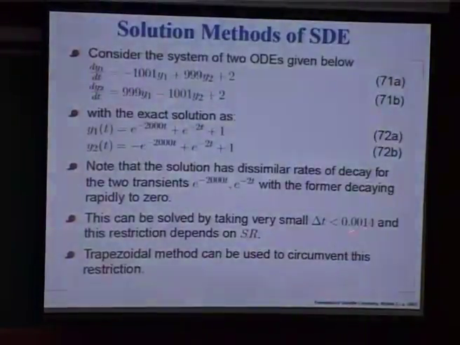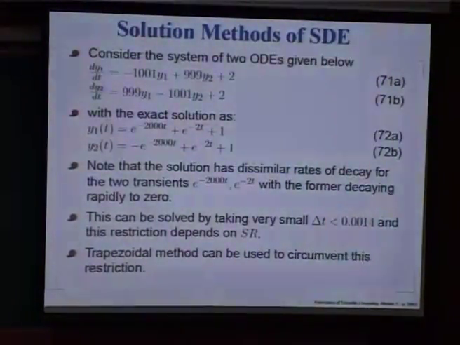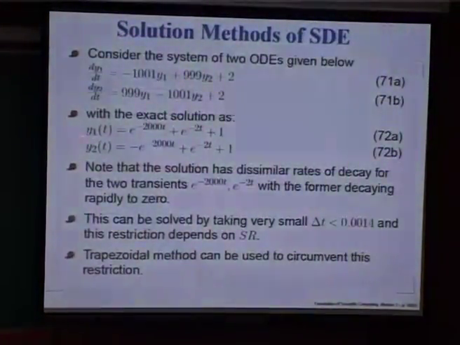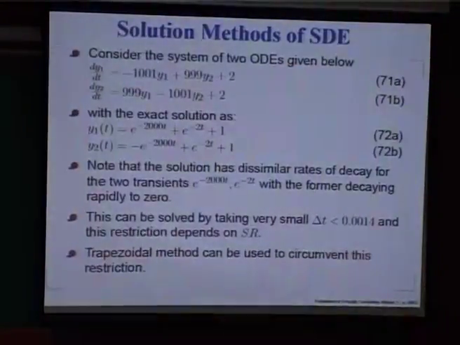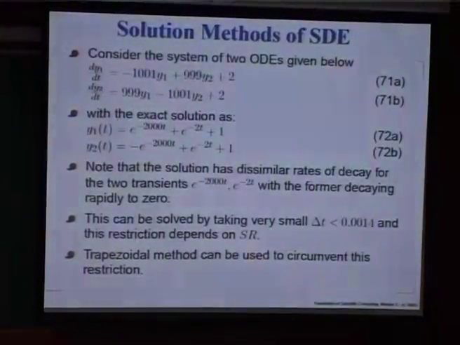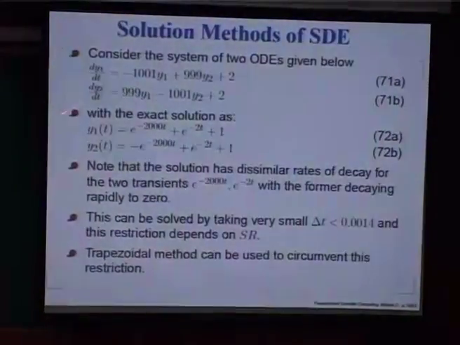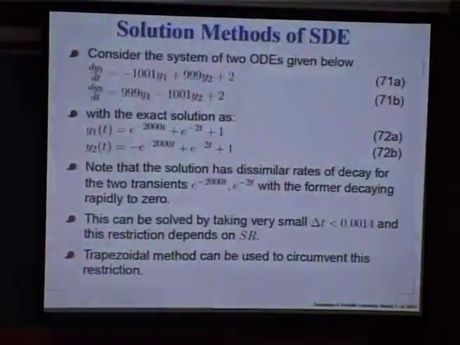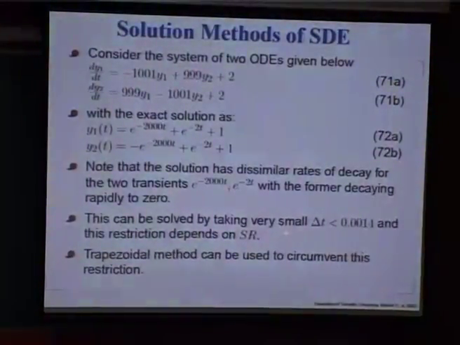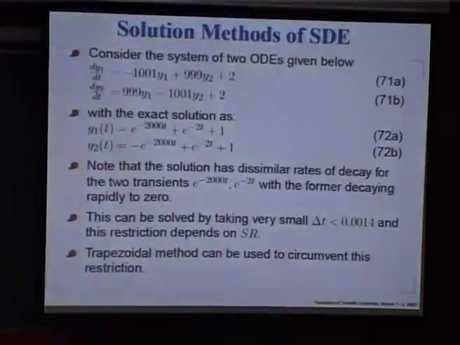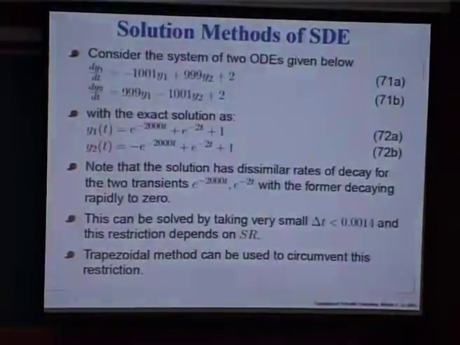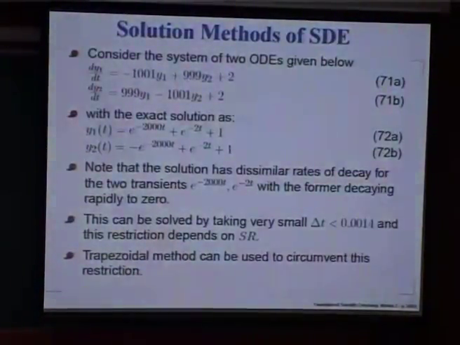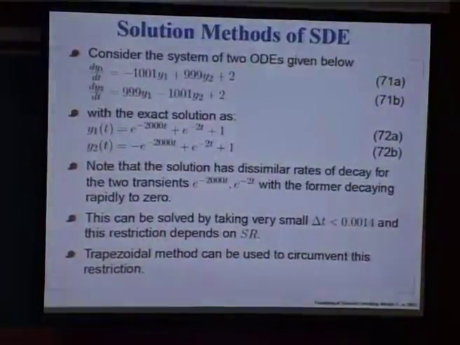So you have to do a lot of work even to solve a simple equation like this, for which you have the exact solution. I encourage you to get your hands dirty and try to solve this equation yourself and find out what I am talking about. In this case the stiffness ratio is 2000 by 2, that is 1000.